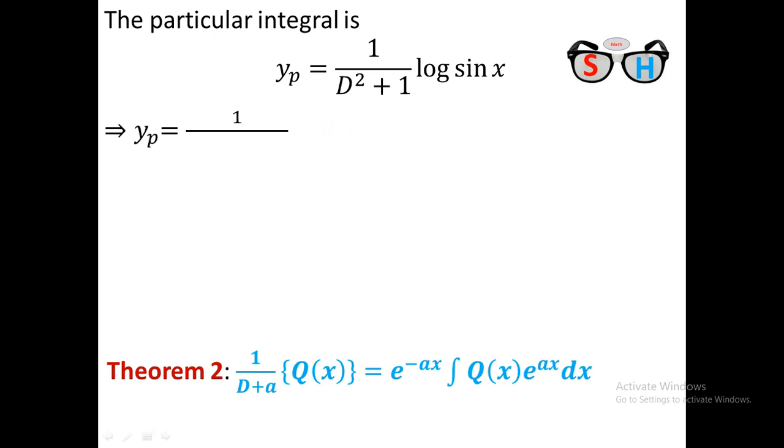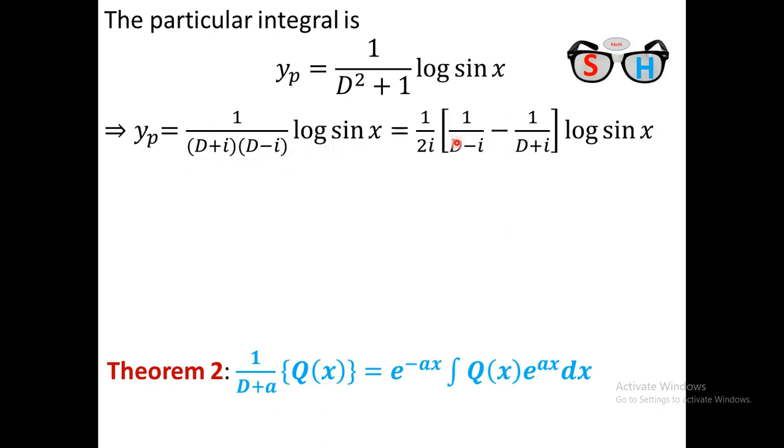For that purpose we factorize 1 by D square plus 1 as (D plus i) into (D minus i), and then this is called partial fraction. Let me simplify or adjust it: 1 by (D minus i) minus 1 by (D plus i) means in the numerator (D plus i) minus (D minus i), where D will be cancelled, and i minus of minus i is 2i.